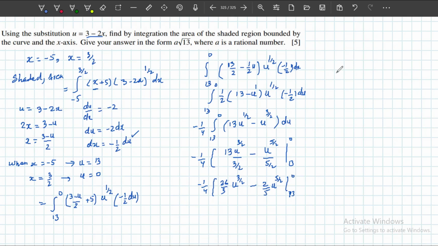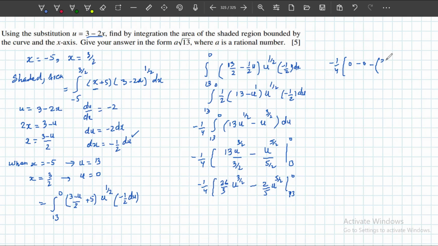After this, we will apply the limits, which is equal to 1 by 2, upper limit is 0, so straight away these values would be 0, like 0 minus 0. Then I'm going to apply the lower limit, which is 13.